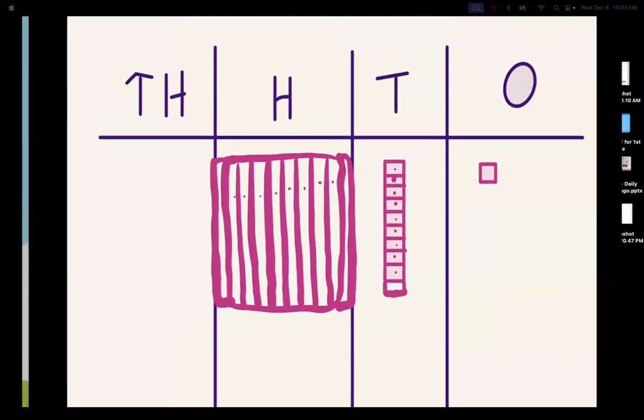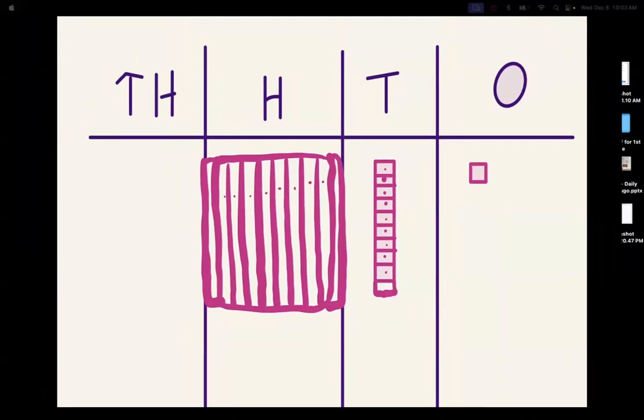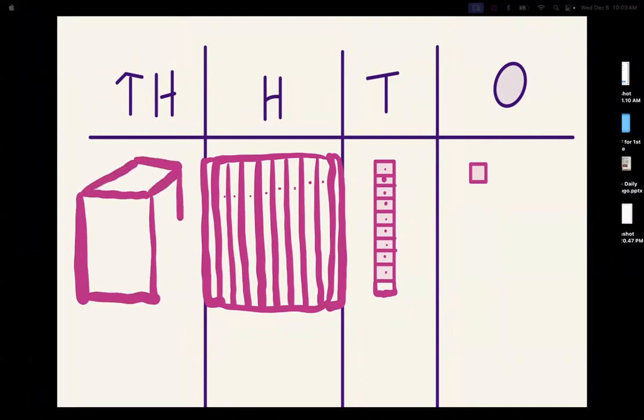Last but not least today, do you know how many hundreds blocks make a thousands cube? So a thousands cube looks like this. These are really big numbers. How many hundreds blocks make a thousands cube? Rahab says 6.